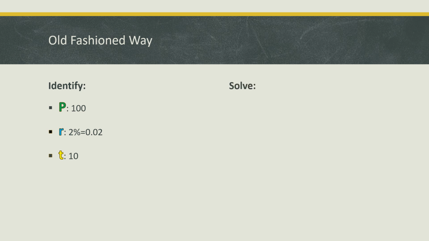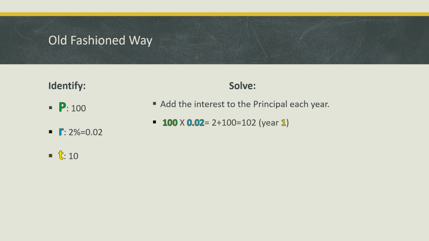So in solving it, we of course start with our main things being the principal and the interest rate, and we're going to add the interest to the principal for each year that we're going to be adding on. So for example, for year 1, we would have 100, we'd multiply it by 0.02, that gives us 2. We add that to our $100, and at the end of year 1, we have $102.